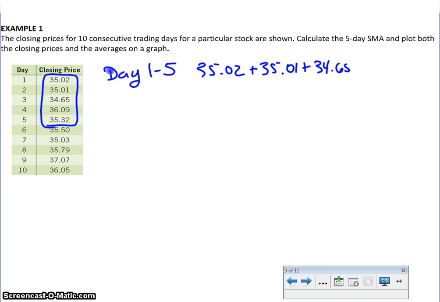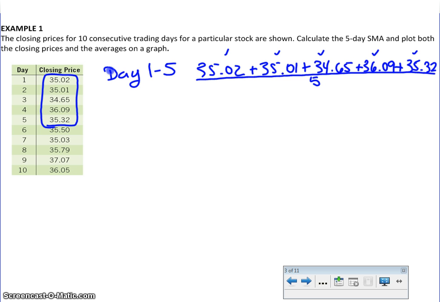So we're going to go ahead and add all of those together. And once we get those added together, we're going to divide by 5. Now, how did I get 5? Because I have 1, 2, 3, 4, 5 pieces of data, and when I'm finding the mean, I add them together and divide by the number that there are.